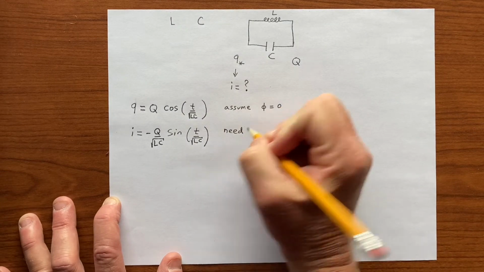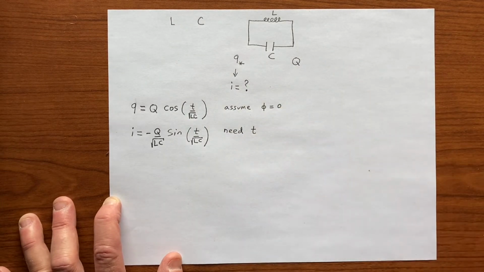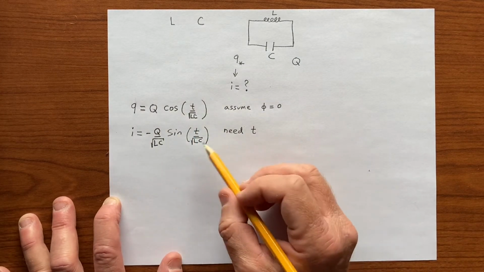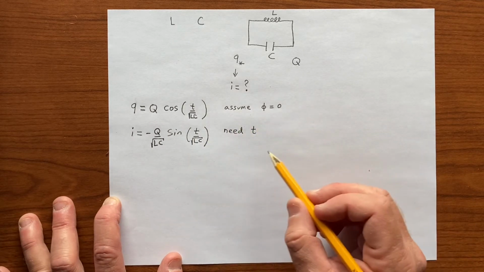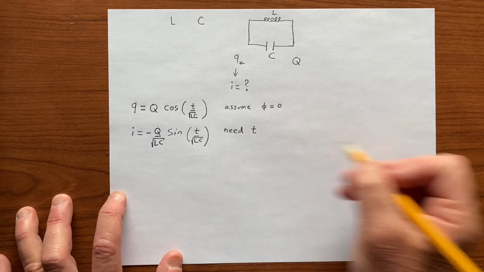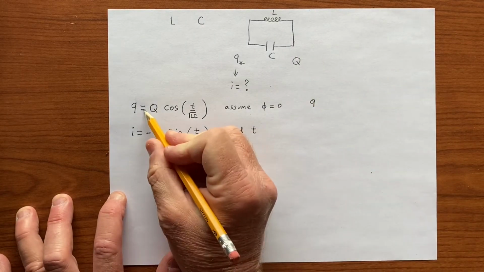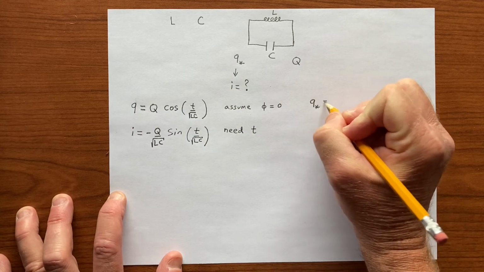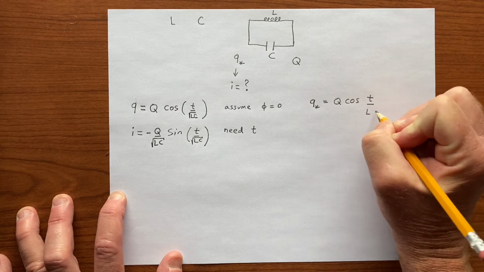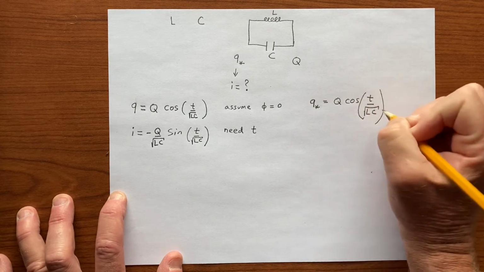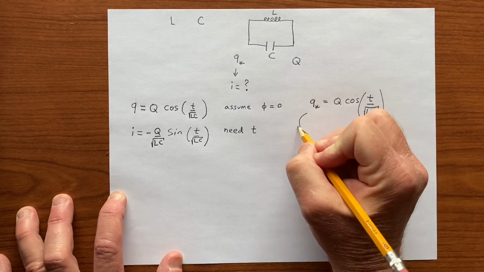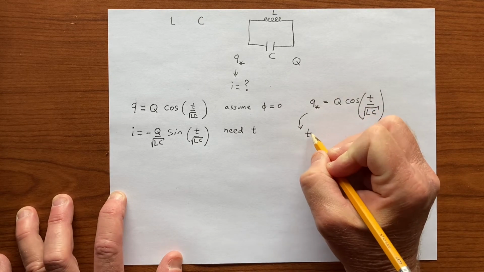What we need here is t, to be able to get the current at the moment when the charge on the capacitor is Q star. That means that when we go through this equation, Q has to reduce to Q star. The only unknown here is t, so we can get t from this, and then plug it into here.